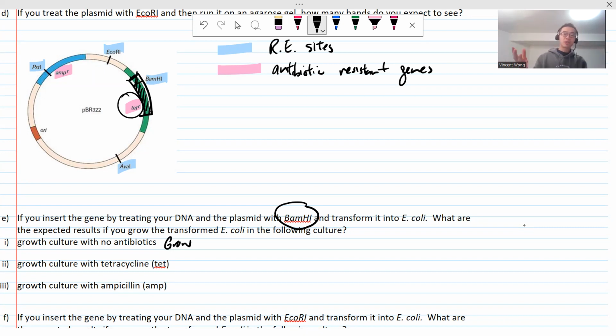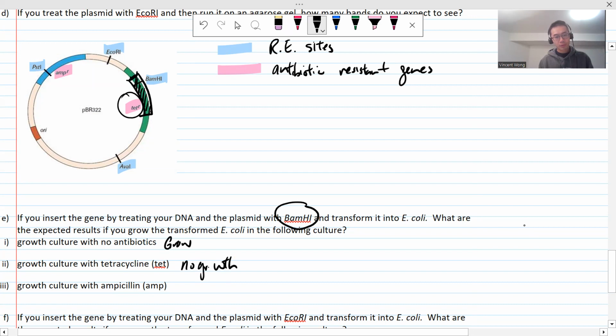So even if the bacteria have accepted the plasmid, they would have no resistance to tetracycline because the gene is not there anymore, right? We interrupted the tetracycline resistant gene with our gene of interest. And the way we did that was because we chose to insert the gene using BamHI. If we insert it elsewhere, it would have been okay. Okay, so this is no growth.